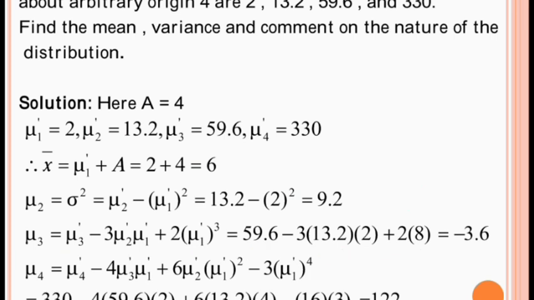On simplifying this you get mu3 equal to minus 3.6. Now next, mu4 is given by mu4 dash minus 4 mu3 dash mu1 dash plus 2 mu1 dash whole square minus 3 mu1 dash raised to 4. Now we will put all the values over here and you get mu4 equal to 122.